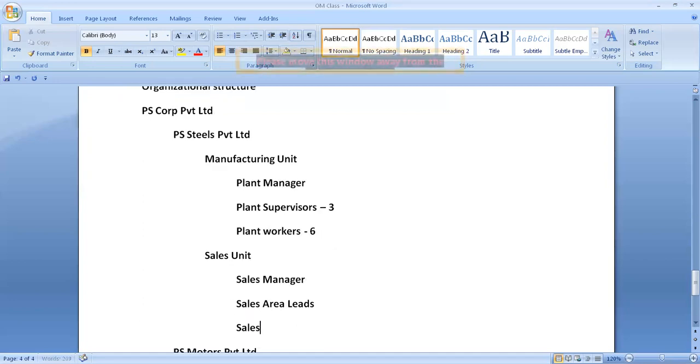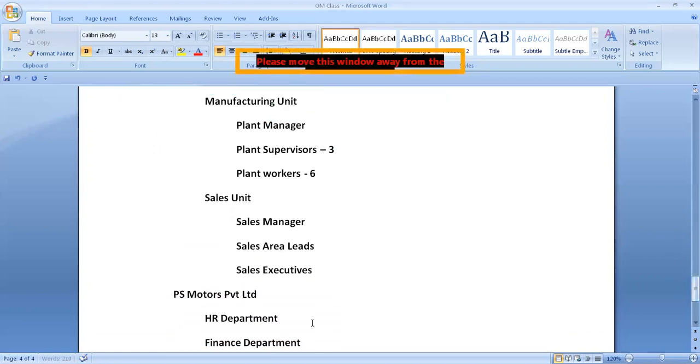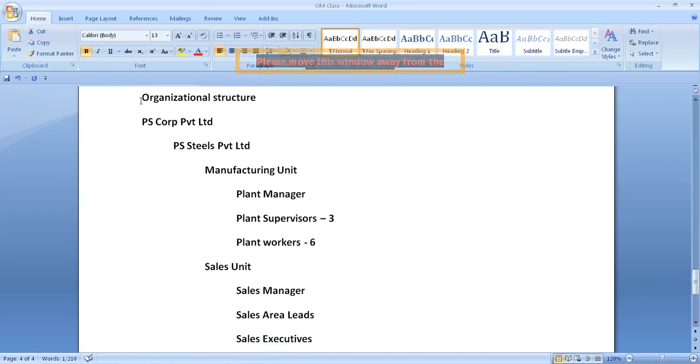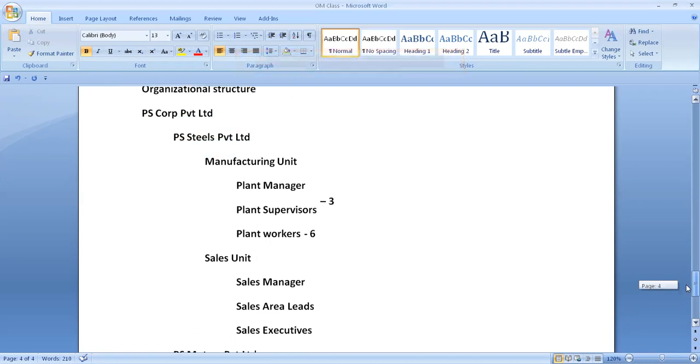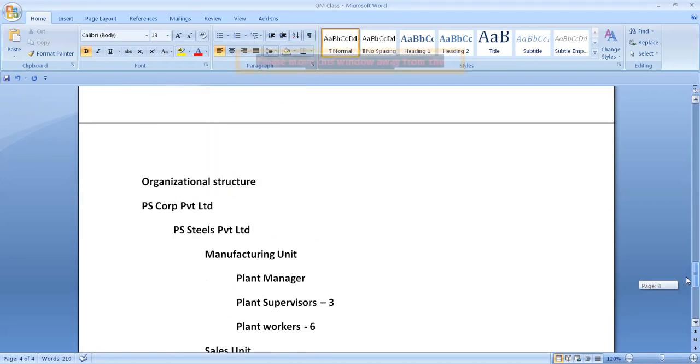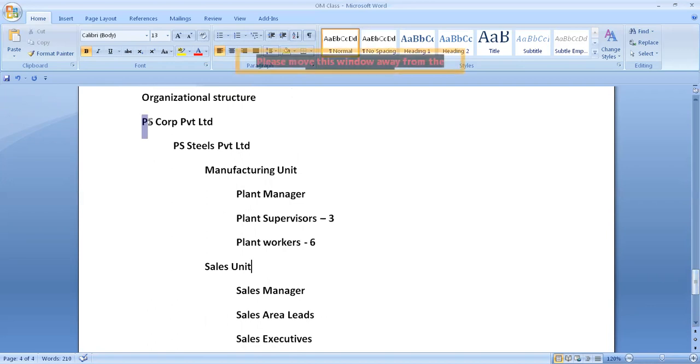Under the HR department, you may have an HR manager, HR lead, or HR executives, some six or seven HR executives. This is an example of an organizational structure. So you are going to build a structure like this.